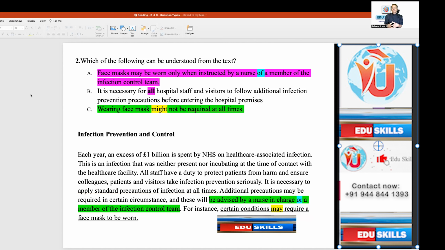This is also known as another strategy, paraphrasing. This is a way of speaking the same thing in other words, or reading the same thing in different words. So you have here grammatically improper language, not precise grammar used. Other one, you have absolute, you have modal verb, you have negative meaning.